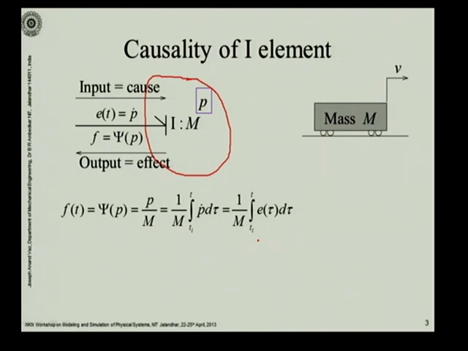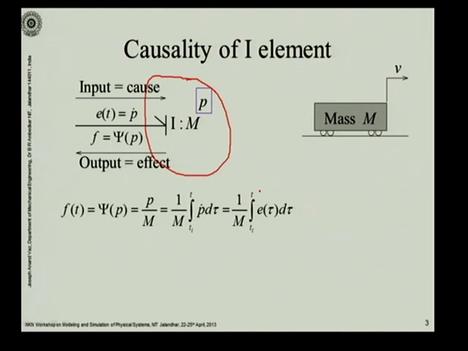Now what is this actually? What is the property of this operator? You can see that it has an ability to remember the past. You are integrating from some initial time to the present time. That means you are keeping track of the past cause, and you are continuously accumulating that.